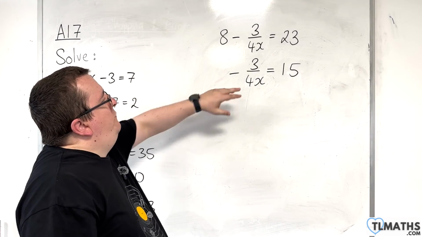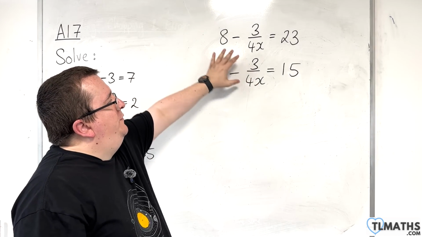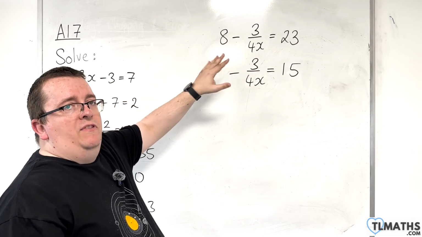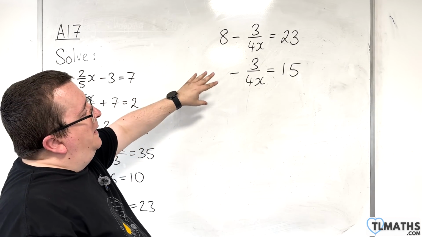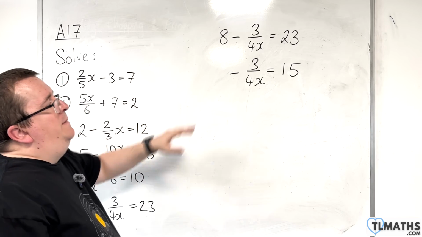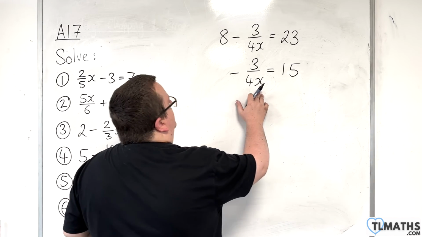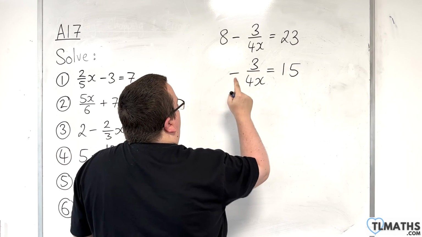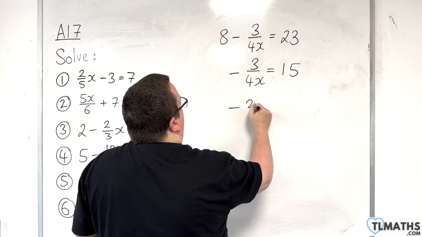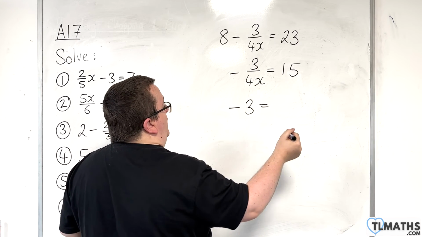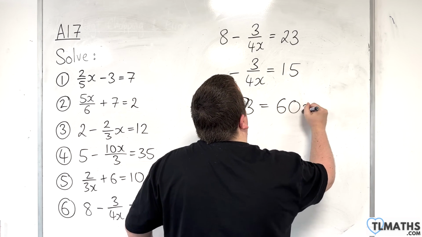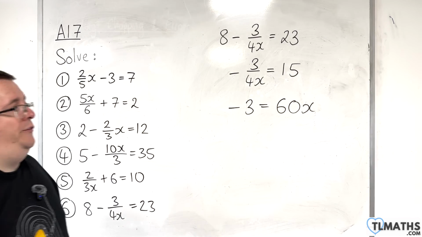Now, we've got the minus 3 over 4x is equal to 15. Now, it probably makes sense to leave the minus sign where it is this time, rather than take it over to the right-hand side, because I've got the x here. I don't want the minus sign with the x. So I'm going to leave the minus sign where it is and multiply both sides by 4x. 4 lots of 15 is 60. So we get minus 3 is equal to 60x.